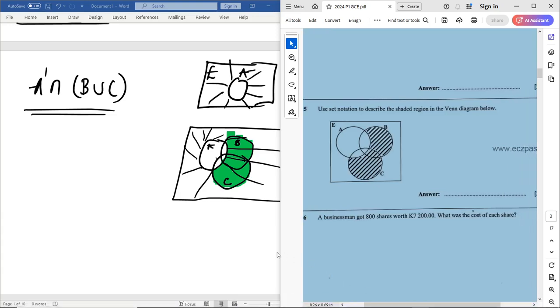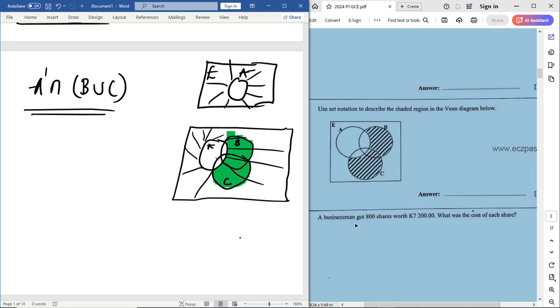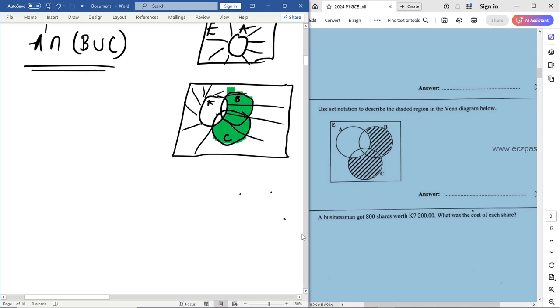Okay, so we have that a businessman got 800 shares with 7,200 kwacha. What is the cost of each share? Okay, so here we're going to do direct proportion. If 800 shares cost 7,200, what is the cost of one share?